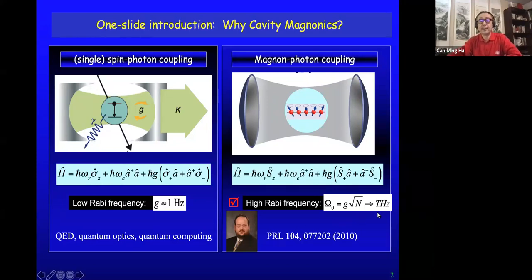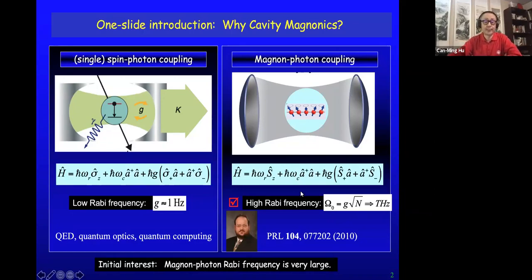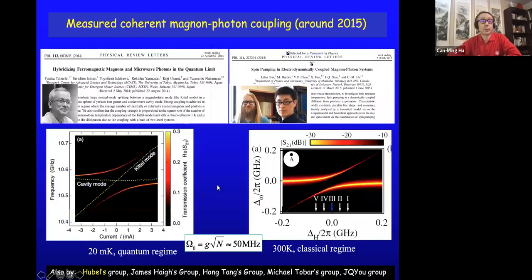Michael predicted for macroscopic ferromagnetic samples, if you put in a cavity, then the Rabi frequency can go as high as terahertz. So people got very interested in that, and quite a few groups started the experiment around 2013, 2014.